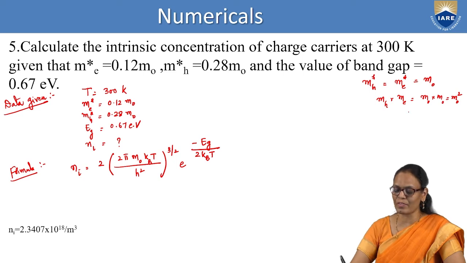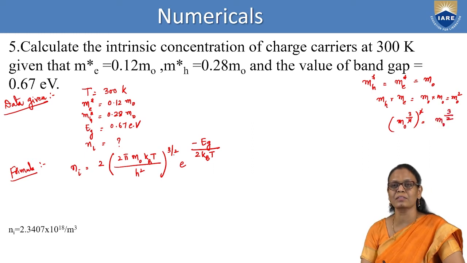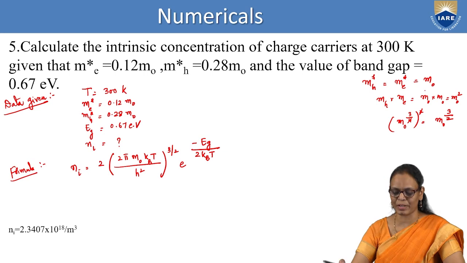Because we have M naught square power 3 by 4. So we are cancelling and we are writing M naught power 3 by 2. So we have M naught inside 3 by 2. But otherwise what we have to write? M naught MH into Me power 3 by 4.